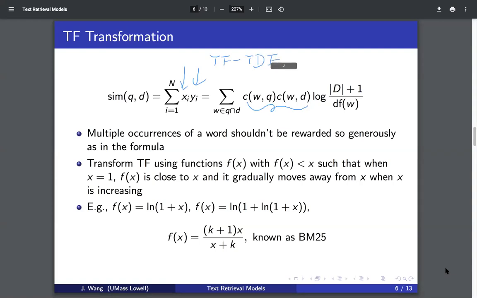So instead of just counting one if it appears in the document D, we use its IDF value. So that's xi and yi now. Then it becomes this.